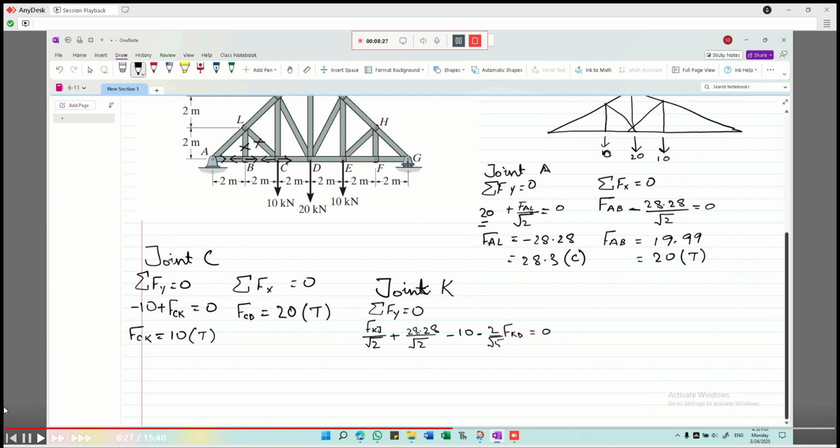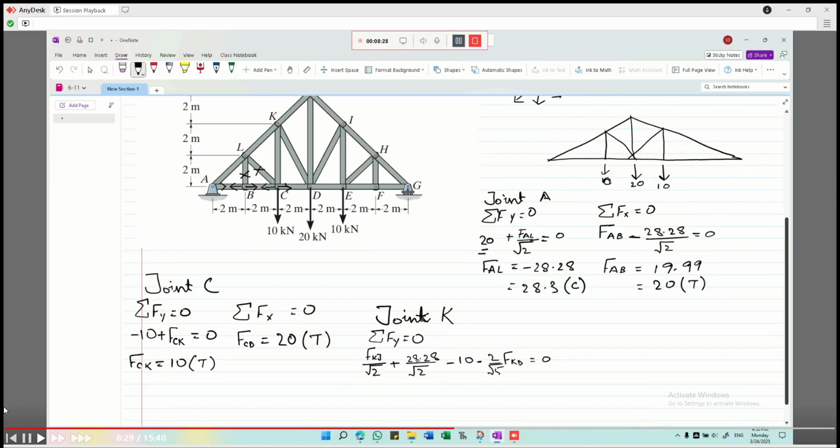Over here we have taken a couple forces, namely, firstly we have taken FKJ, so this force right here, and its component in the y direction. We can find that by again the Pythagoras theorem. Secondly we have taken the y component of KL, that is in compression, so we have taken it positive.